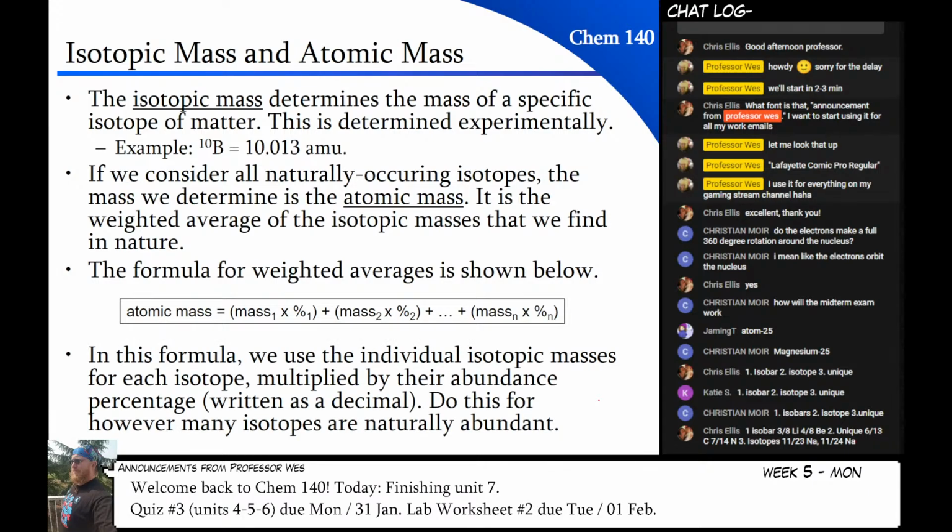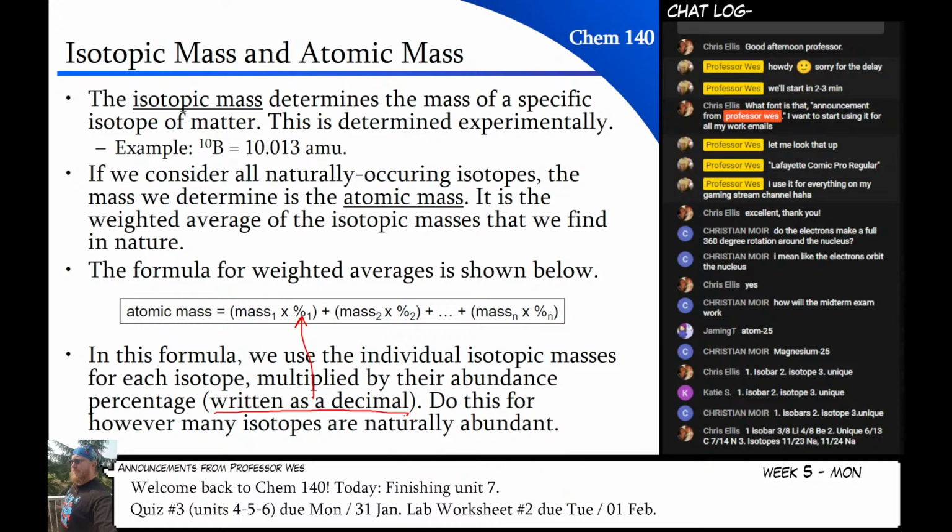Now, an important thing to note is that when we're doing this with percentage, use percentage as a decimal. So if you have 70%, write your decimal as 0.70. Okay. If you don't, then you end up with an answer that's 100 times too big, and your result is really obnoxious to deal with.